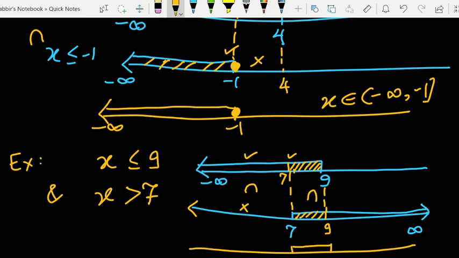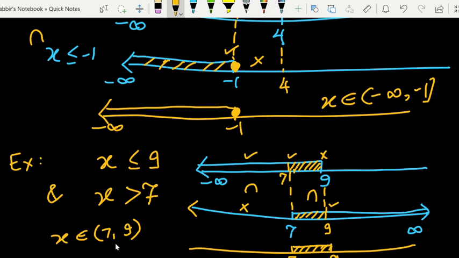So all the values from 7 to 9 we will take. Now as far as 9 is concerned, 9 is not included here, although 9 is included there, so it won't be a part of their intersection. So 9 would be an open bracket. So 7 to 9 would be the answer. x belongs to 7 to 9.